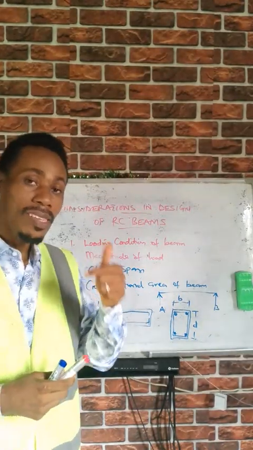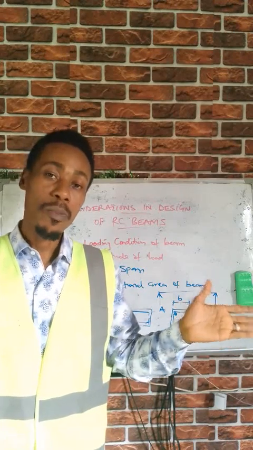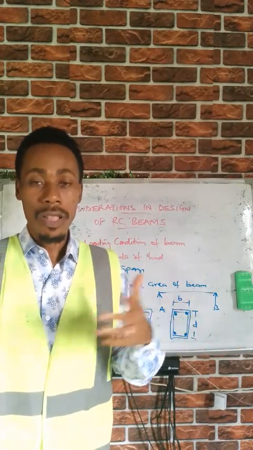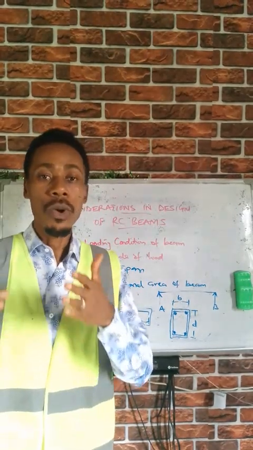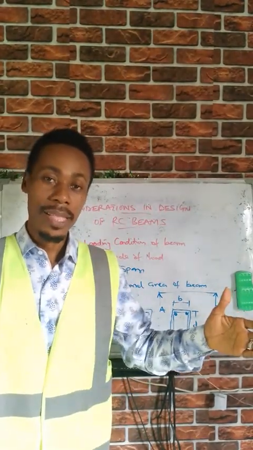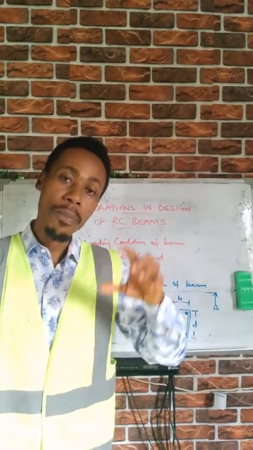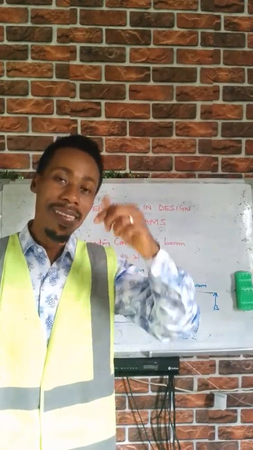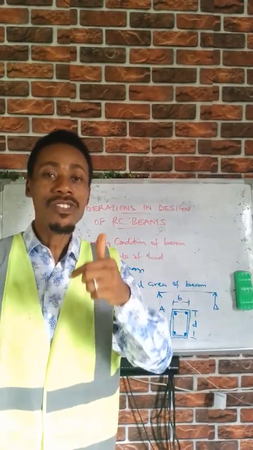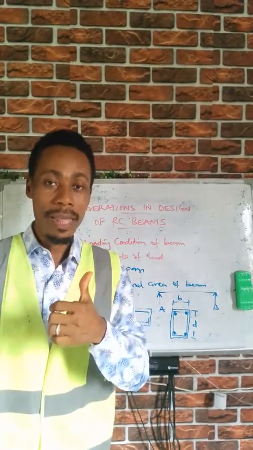That is why in some cases you see that you have a large span of beam, and ordinarily a layman will expect a column in between that span. But there are situations where you can increase the depth of that beam. The increase in the depth of that beam can actually serve the purpose of having a column at the middle.